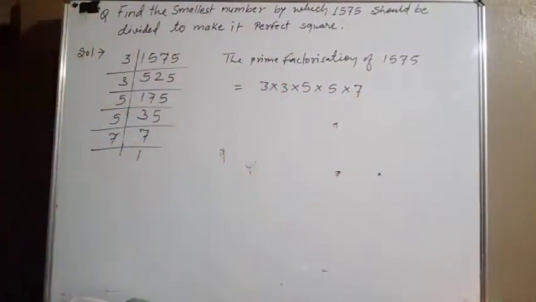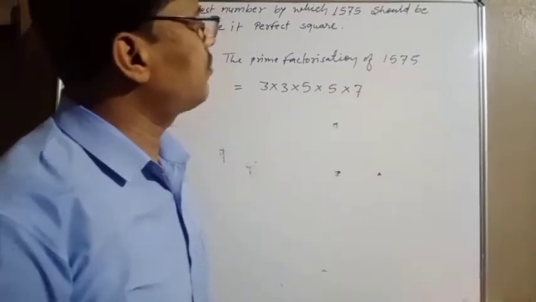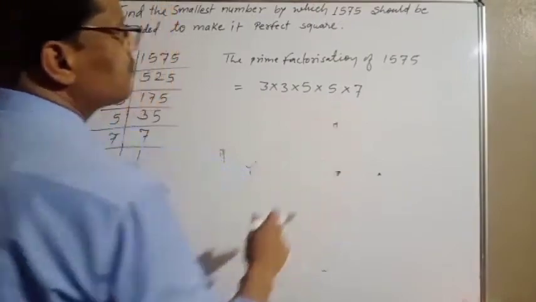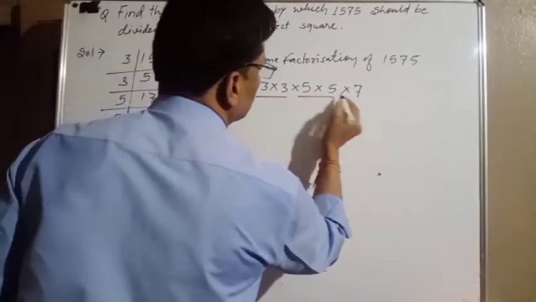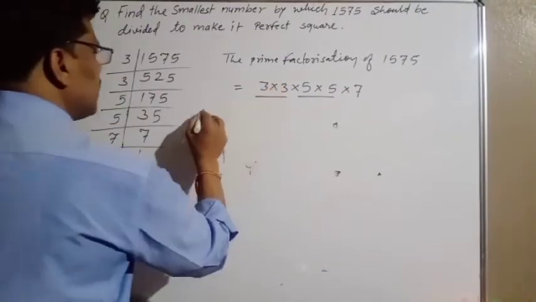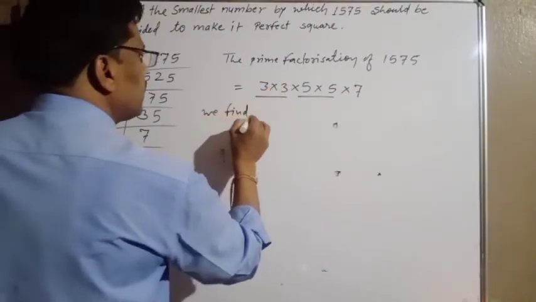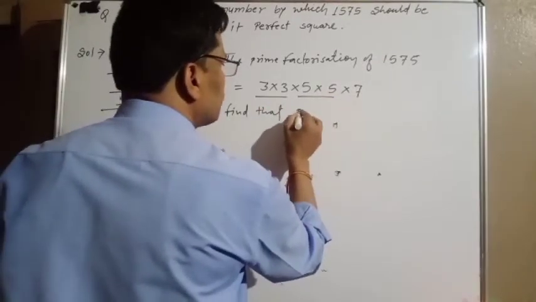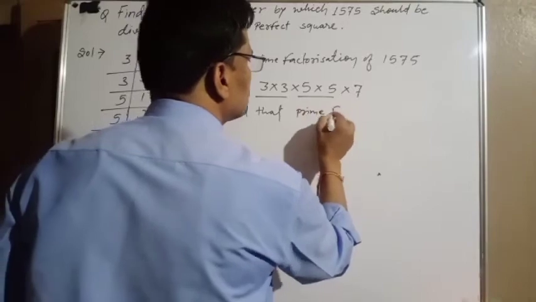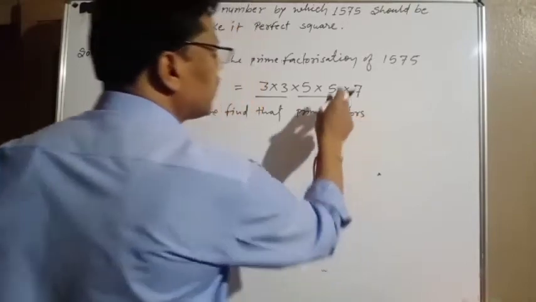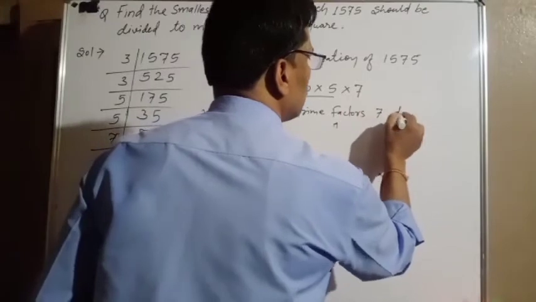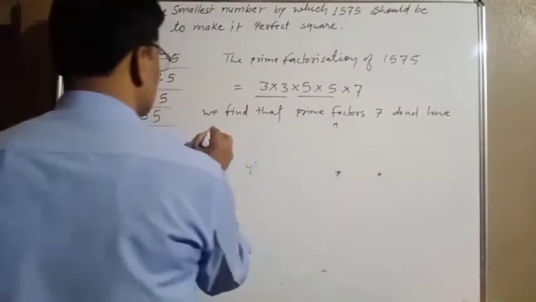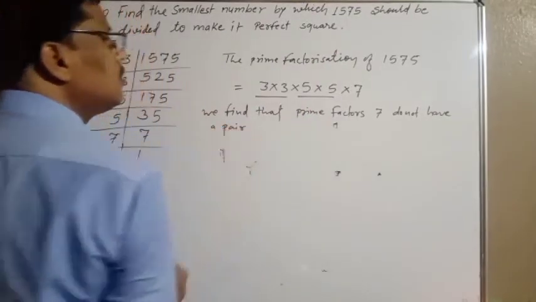When we find the prime factorization of 1575, we are getting the pair of 3 and 5, but we don't have the pair of 7. First we have to make the pair. Here we find that the prime factor 7 does not have a pair.